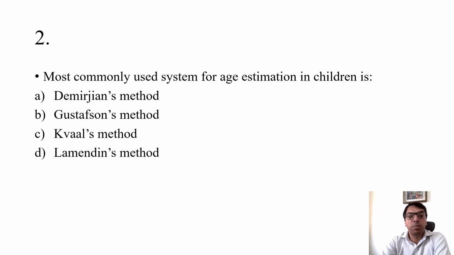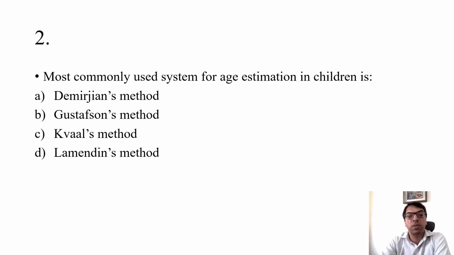And Lamendin's method measures the periodontal recession with translucency of the root, again in adults. So Lamendin method: translucency of the root with periodontosis. Kvaal method: the pulp of the tooth with the tooth material on X-ray. Gustafson method: 6 criteria in age group more than 25.